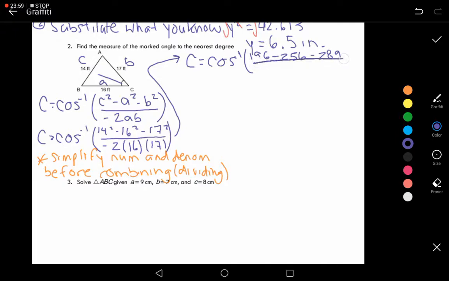That is divided by -2 times 16 times 17. So divided by -544.